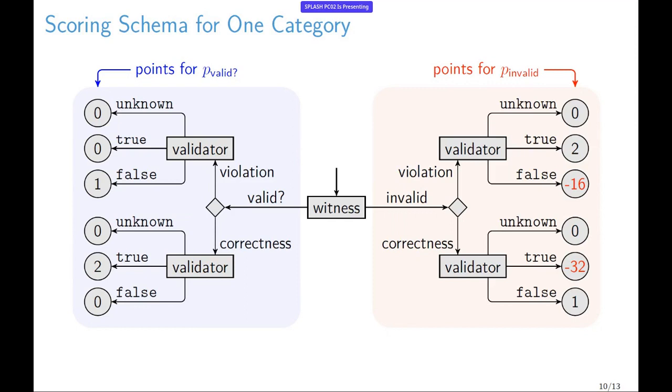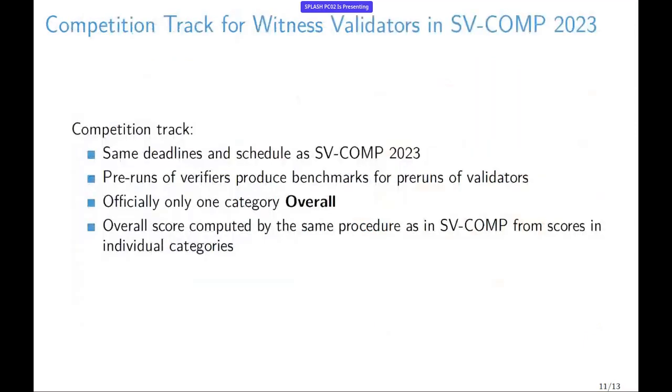So therefore, we put a 0 there. But in the future, maybe when we have a data set of truly correct witnesses, then we could put minus numbers there. And this scoring schema was accepted by the community and is currently used in the competition track.